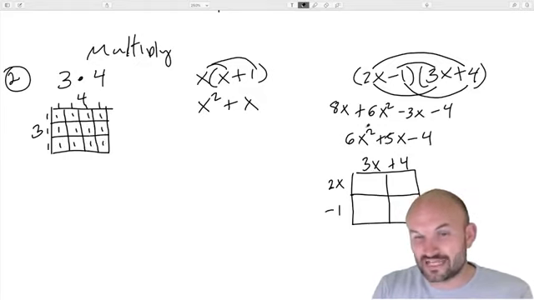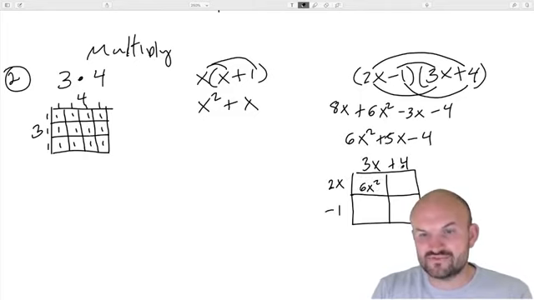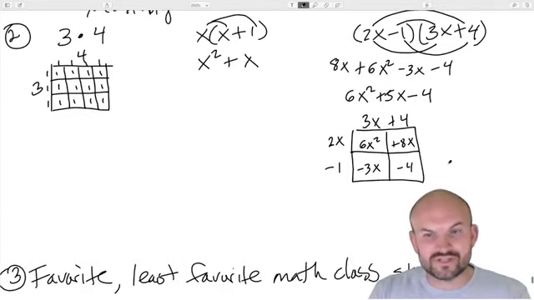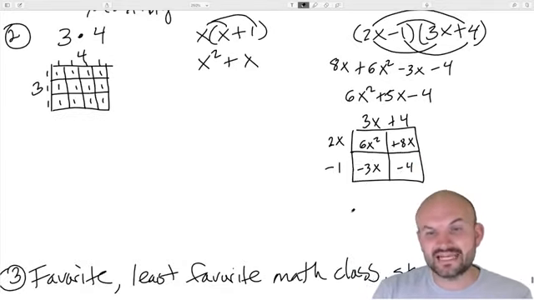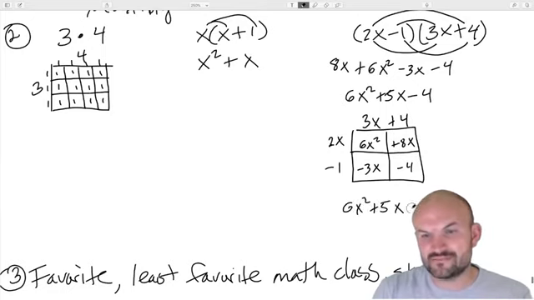So here, that's exactly what I'm going to do. 2x times 3x is 6x squared. 2x times 4 is a positive 8x. 3x times negative 1 is a negative 3x. And negative 1 times 4 is a negative 4. So now you can see that is our area, and on the diagonal, those add up to give us 5x minus 4.